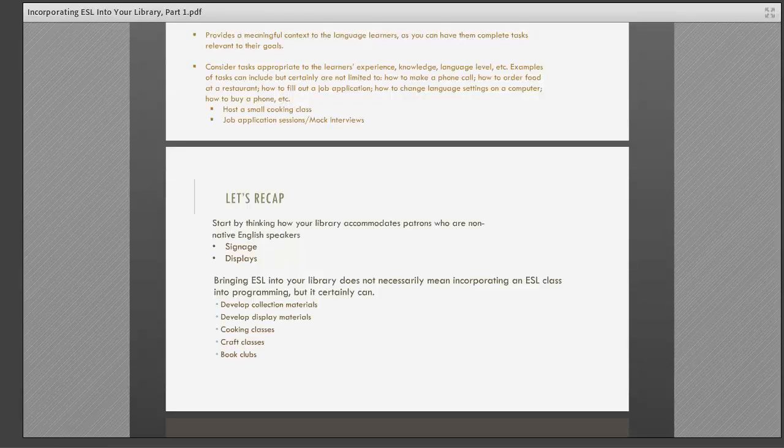It doesn't necessarily have to be verbal from you, but letting them know that there is representation for them there. That's going to make a world of difference in and of itself, and it's going to make people more willing and more open to the idea of participating in library programs and ESL programs.